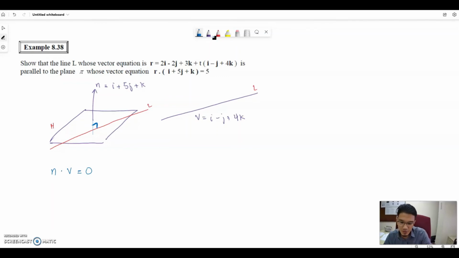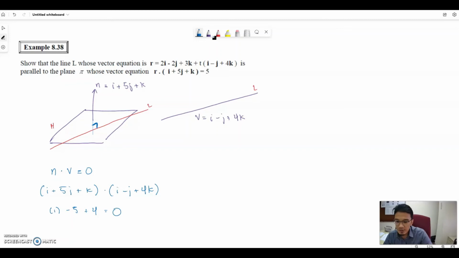So if you take i plus 5j plus k dot with i minus j plus 4k, we have 1 minus 5 plus 4.